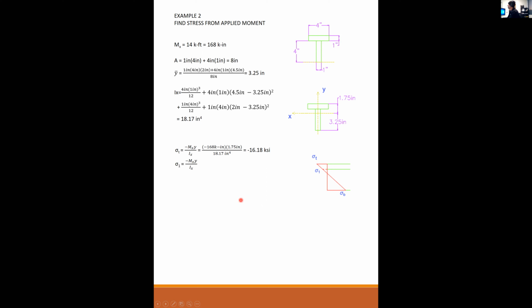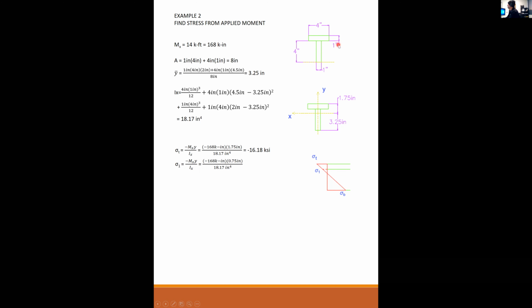Okay, let's find the stress at the bottom of the top board. So this is sigma 1 for lack of any better way to label this. The flexural formula is the same. The moment is the same. The moment of inertia is the same, but y now is different. So y is from the centroid to the underside of that board.